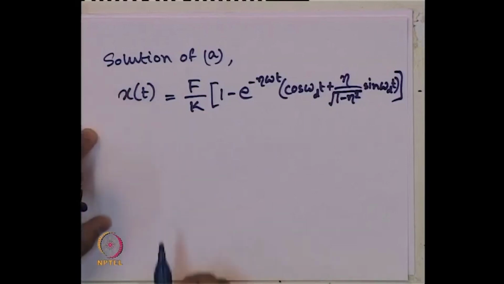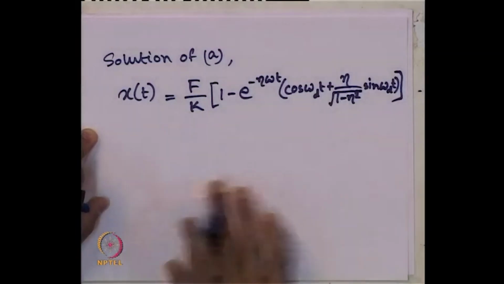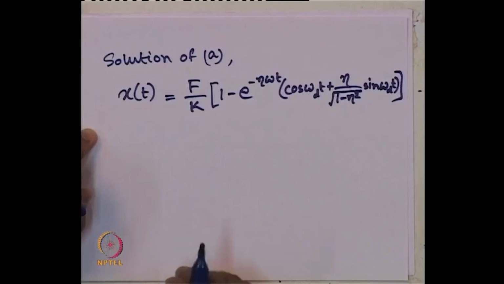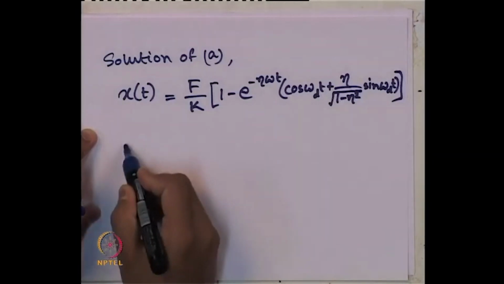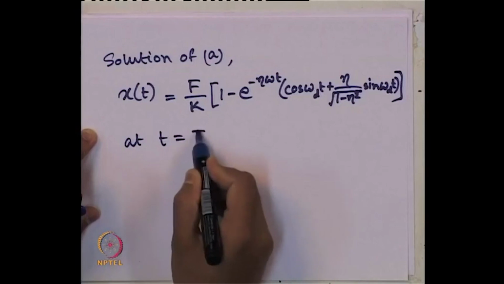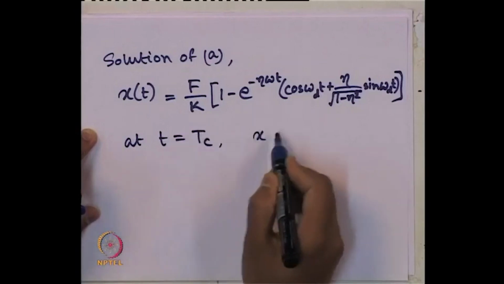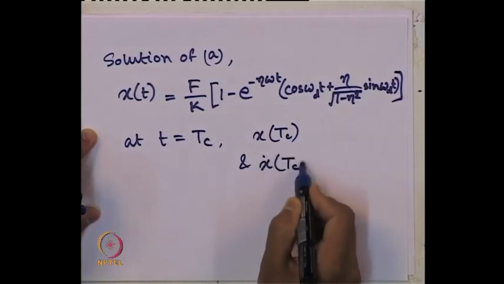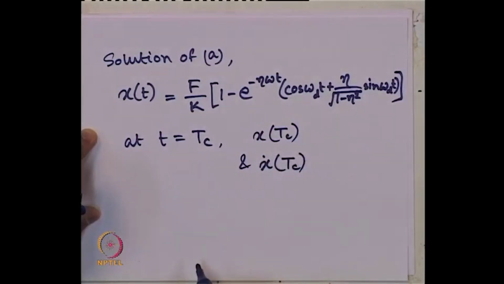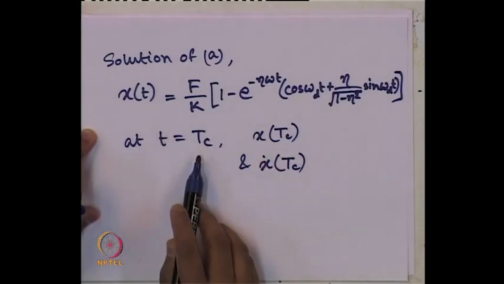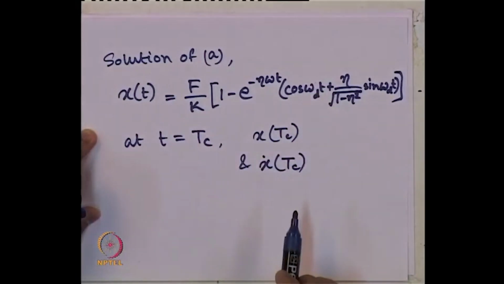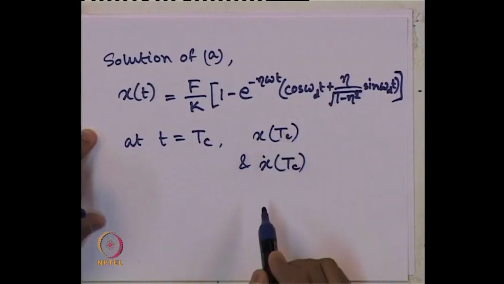Now, how to go to part B? The part A solution and response is known to us. To go to part B, what do we have to do? At t equals T c, we can find x of T c and the velocity x dot of T c from this expression. If we put in the time T c up to which the load is acting, we can get the displacement and velocity.